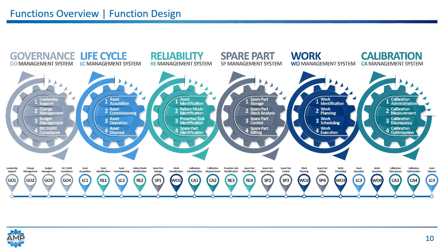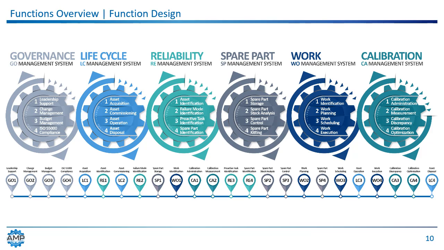Function design. Let's continue the exploration of the AMP framework by focusing on functions for a minute. I do want to leave you with a sense of why functions are constructed like they are and how the processes within a function interact. As an example, let's look at the reliability management system.